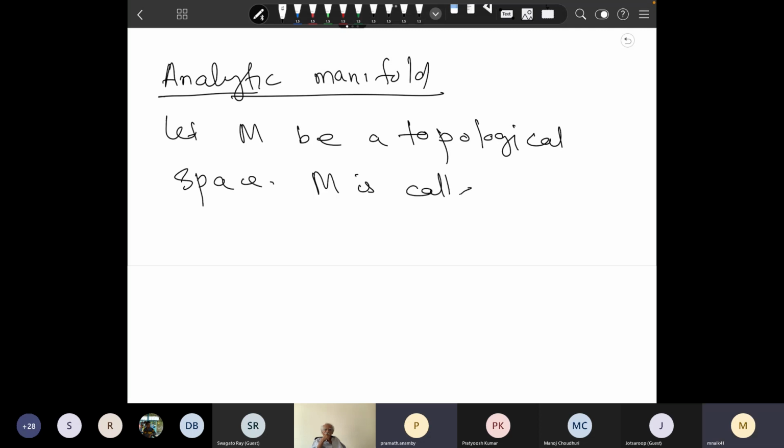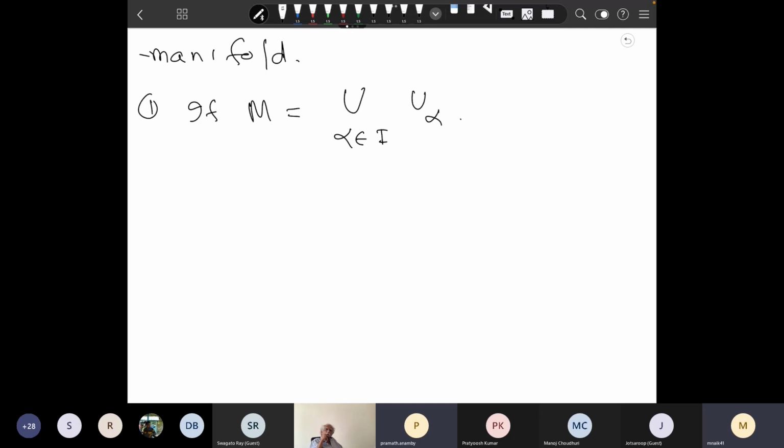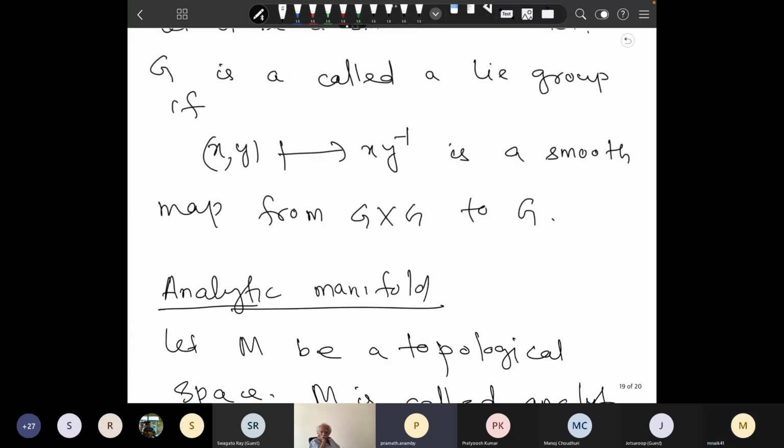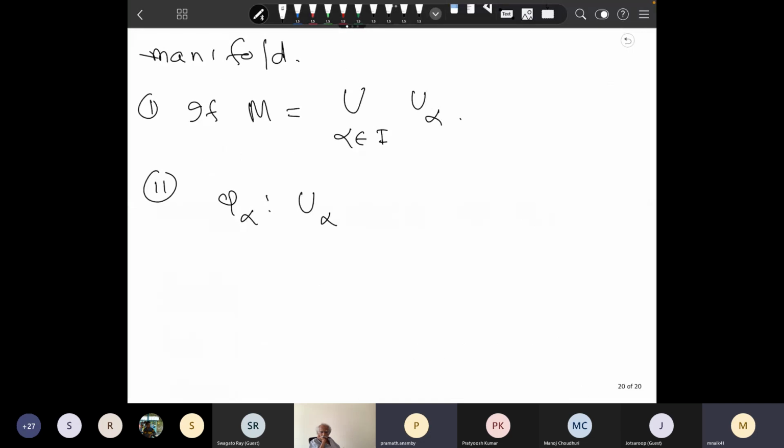M is called an analytic manifold if M is equal to the union of U alpha, and there is some coordinate chart phi alpha, where phi alpha of U alpha is an open subset of C^n.